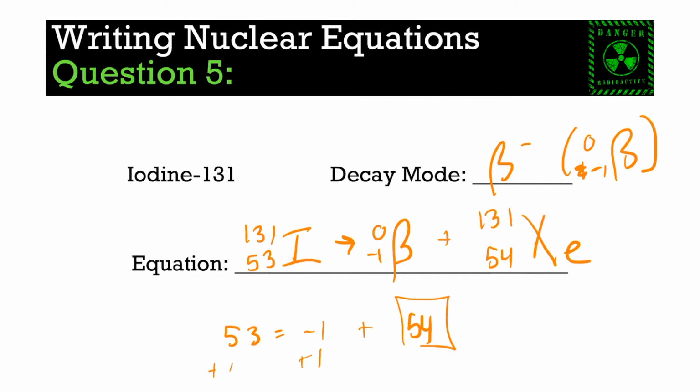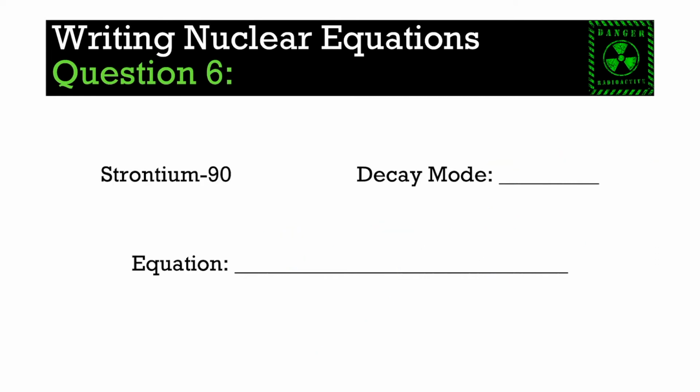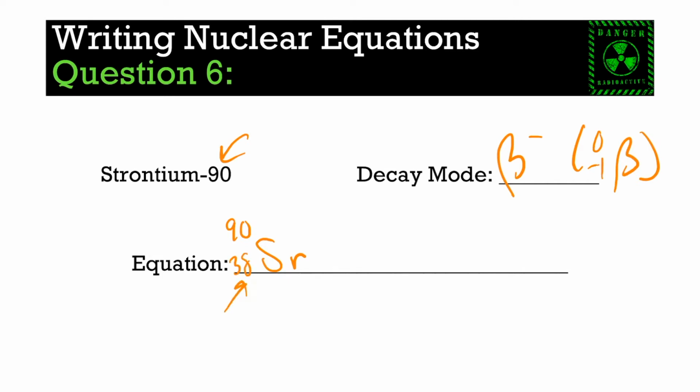Practice will help you. Number 6, strontium 90, according to table N, is beta minus. Again, it looks like this. And so if we write our equation, we have strontium, the mass is 90. 38 comes straight from the periodic table.